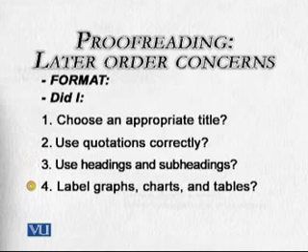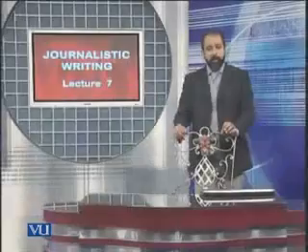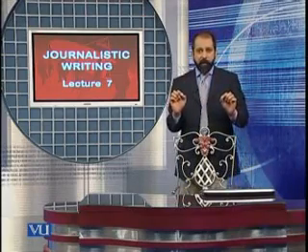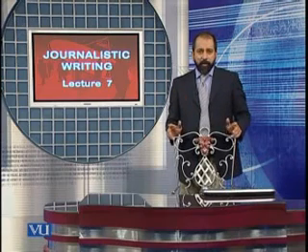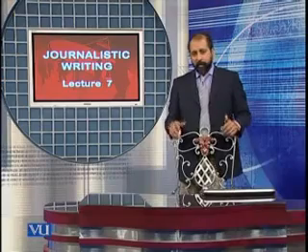Number 4, did I label graphs, charts, and tables? Labeling charts, graphs, and tables means that you are using it as an image, and you have to caption it, saying what exactly that table, graph, or pie chart talks about.